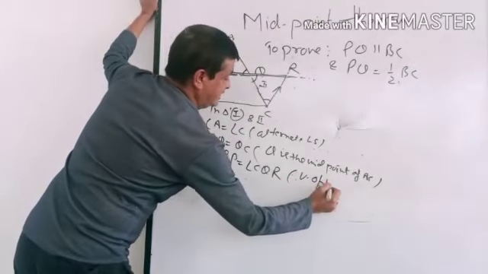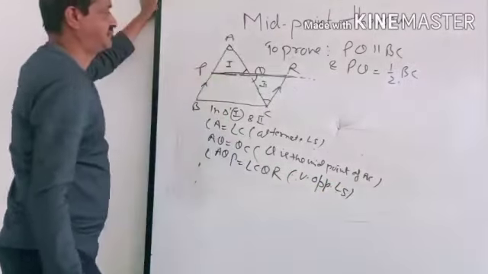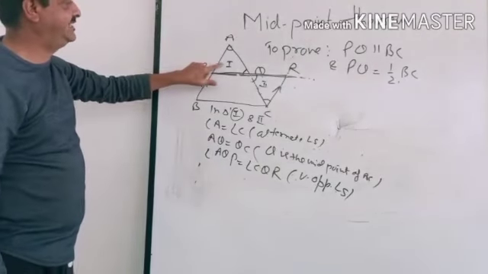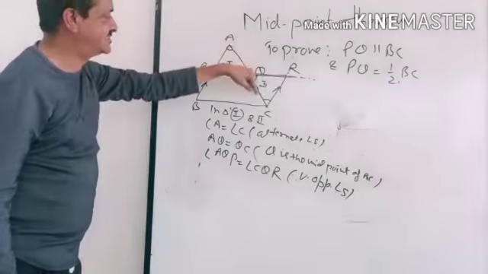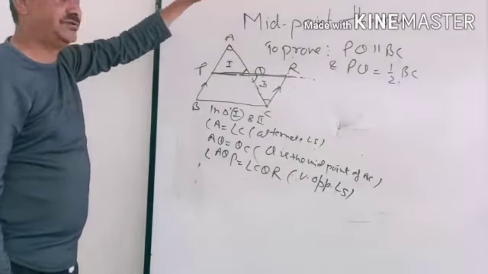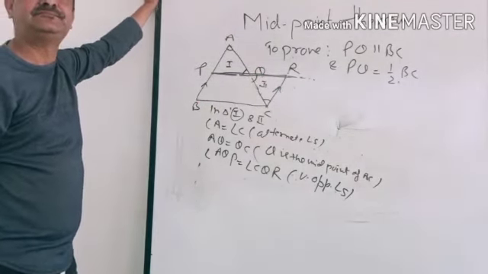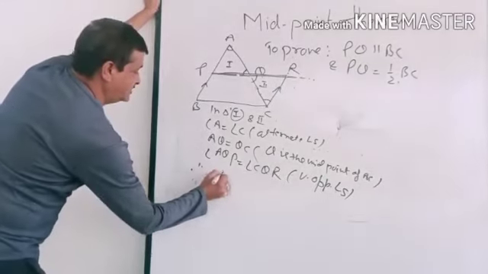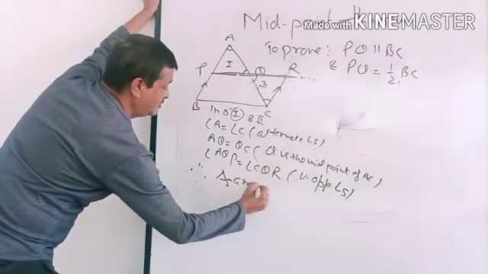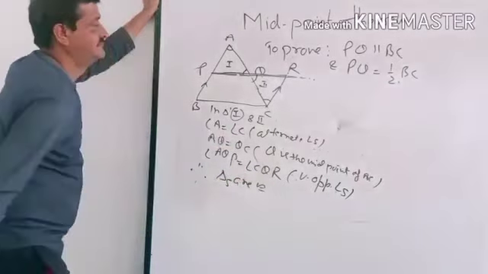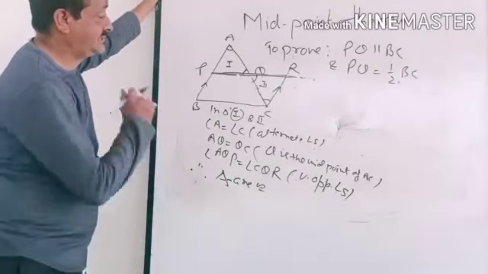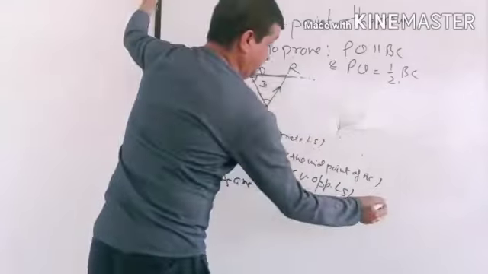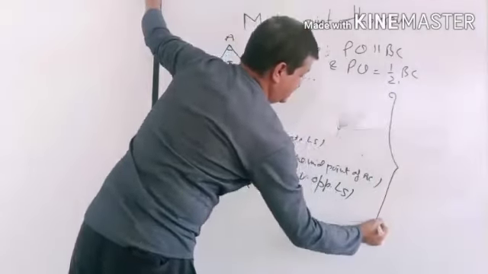Vertically opposite angles. It will be a revision of congruency also. Now see, earlier we discussed that triangles are congruent by angle-side-angle, right? Therefore, the triangles are congruent.